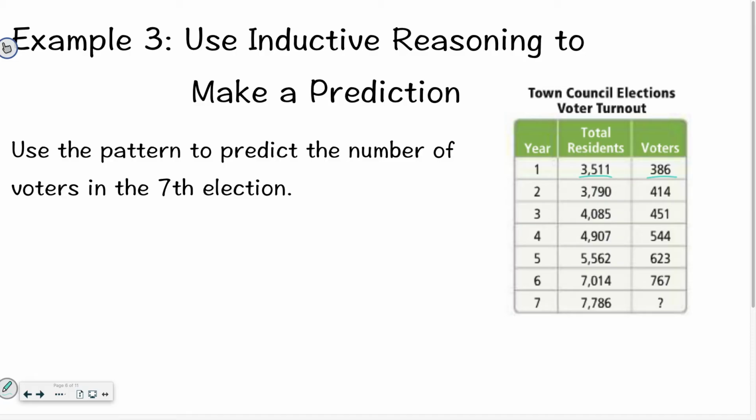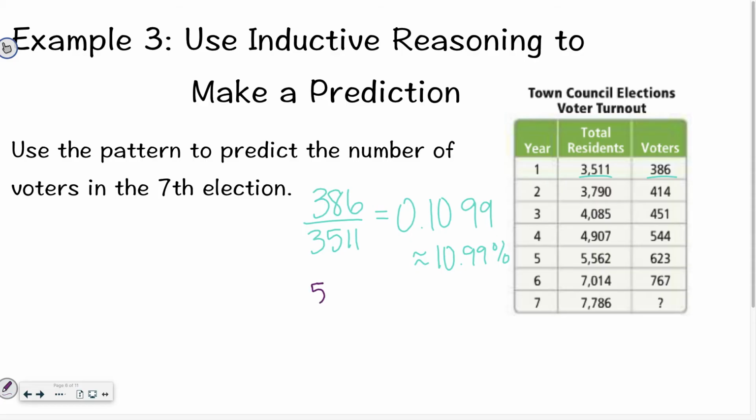If I did 386 divided by 3,511, I ended up at about 10.99, that ends up being 0.1099, or about 10.99% of people voted.